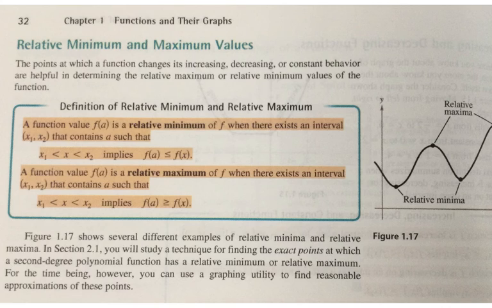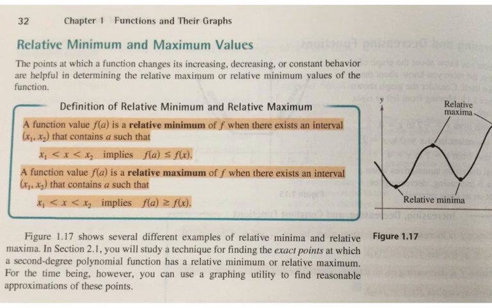The relative maximum would happen at an x value. So you could say it happens at 4. But the maximum value is the y number. So the relative maximum is y, but it occurs at x.